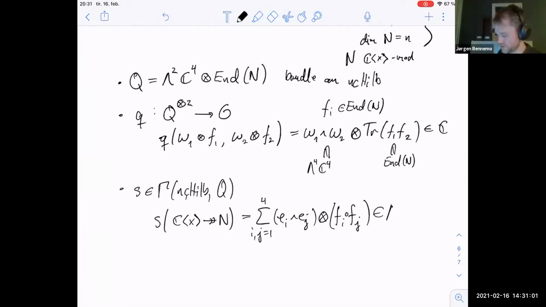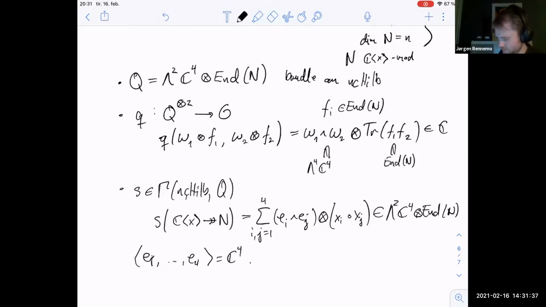So this gives you something in wedge 2 C4. Where these... I should have said, not Fi, I should have said... and the Ei, so E1 through E4, is the basis of C4.